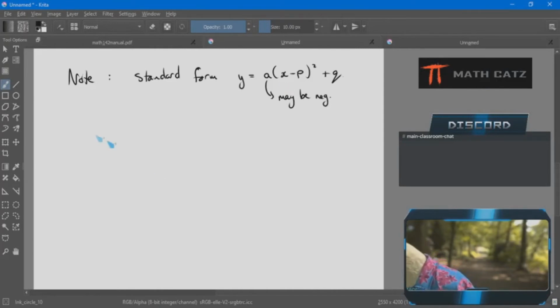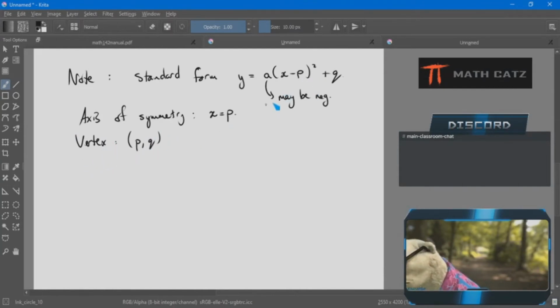We can find our axis of symmetry. When I have it in standard form, the axis of symmetry is very clear: the line x equal to p. The vertex is the point (p, q). Sometimes I call this the pq form.